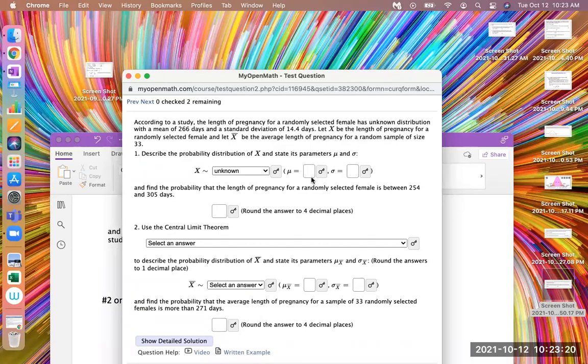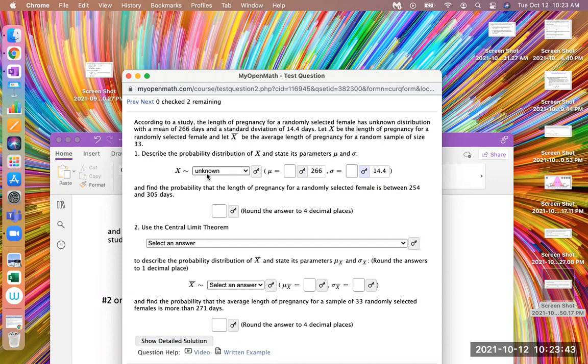All right. Although we don't know the distribution, we can still say the mean is 266 and the standard deviation is 14.4, no matter what the distribution is. Now this is important to this next part.